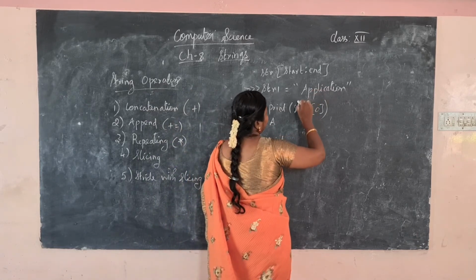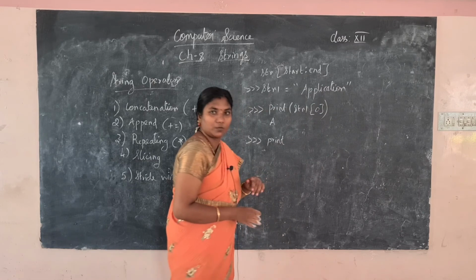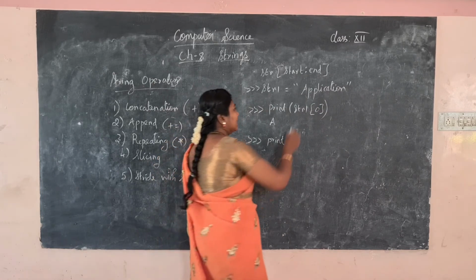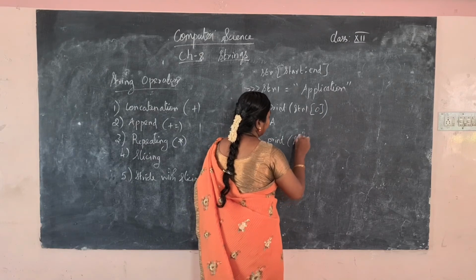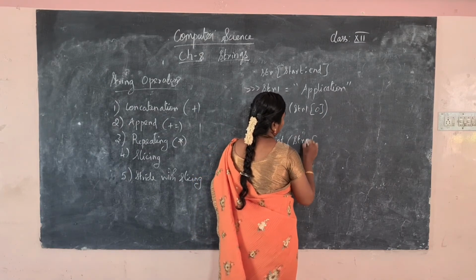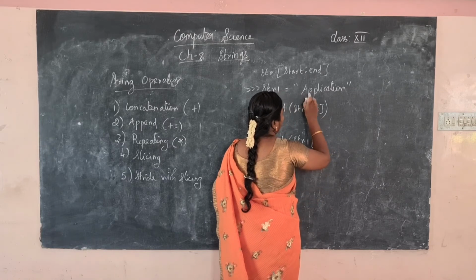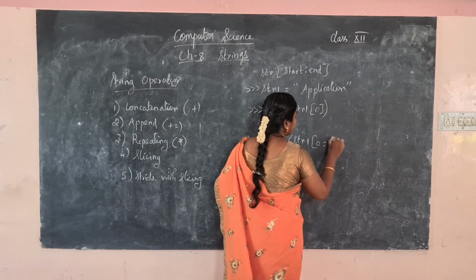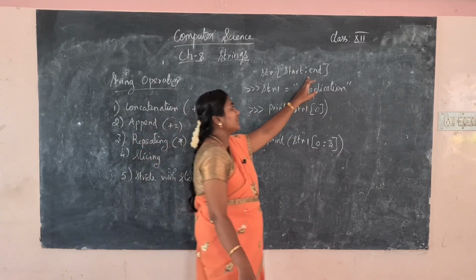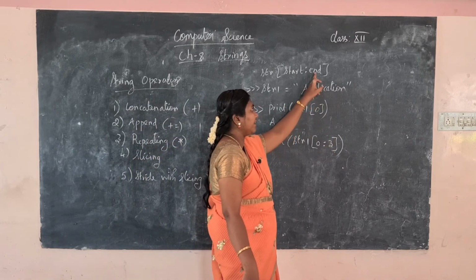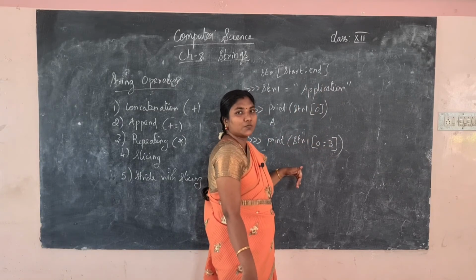Now if I want the first 3 characters, A to P, then what will be my index? 0, 1, 2, but I have to give the end as 3. Because when I give the end parameter, it will take up to 1 less than it.